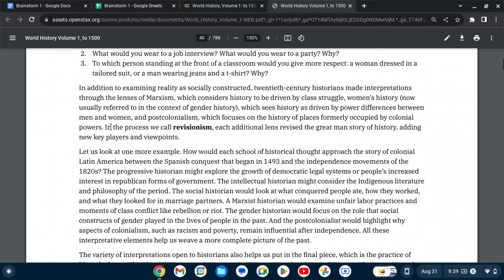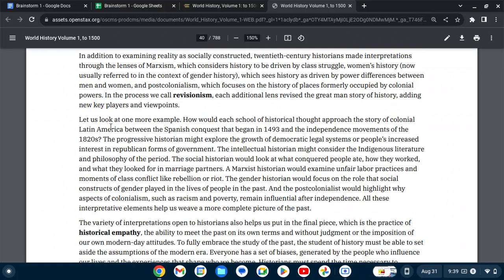In addition to examining reality as socially constructed, 20th century historians made interpretations through the lenses of Marxism, which considers history to be driven by class struggle, women's history, which sees history as driven by power differences between men and women, and post-colonialism, which focuses on the history of places formerly occupied by colonial powers.